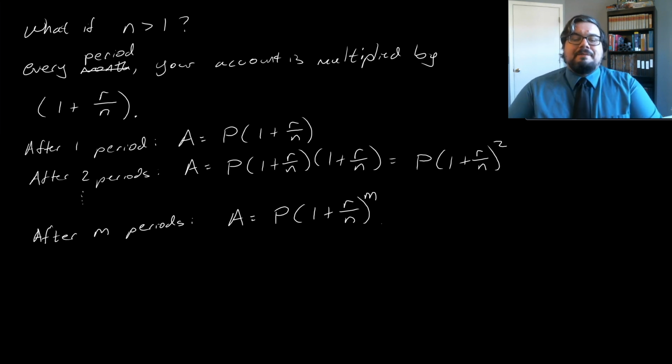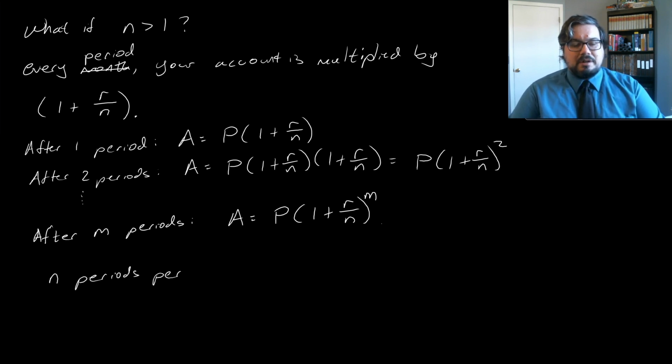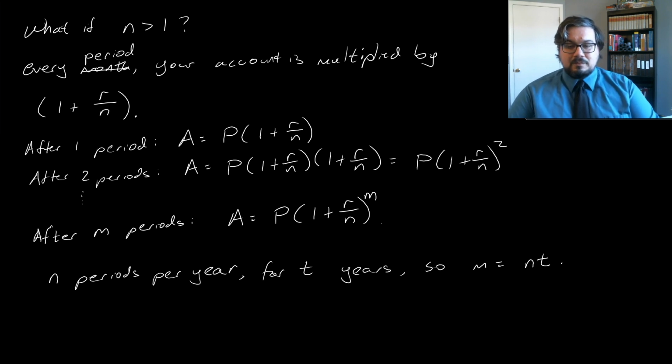Now, usually it's more useful to us in practice to measure things in terms of years rather than periods. So we want to figure out, okay, well, how many periods are there in t years? So there are n periods per year, n compounding periods per year, and since that happens for t years, that means that m is equal to n times t.